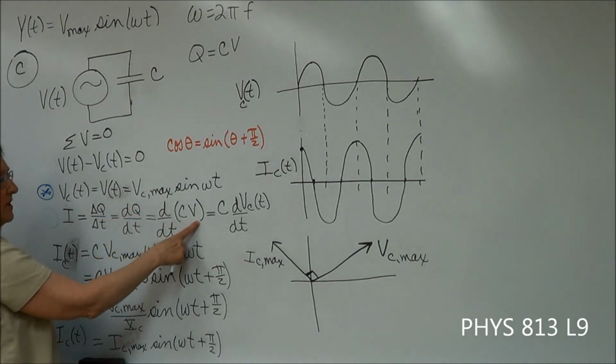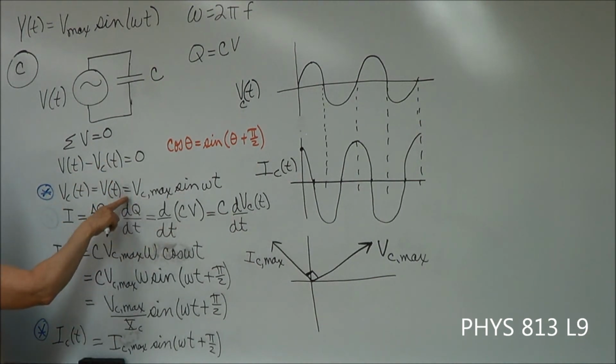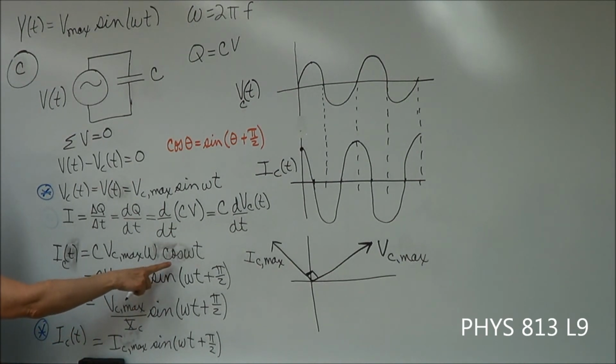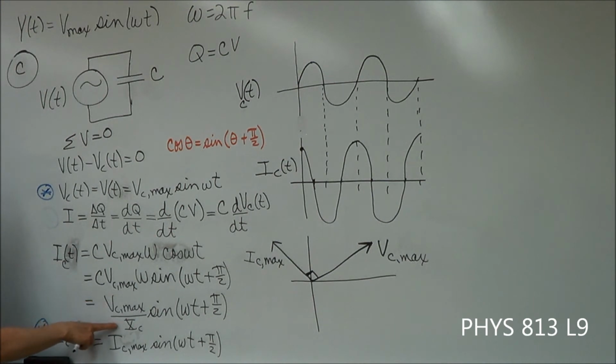Charge is C times V for a capacitor. So we put all of this information in, take the derivative, get it in terms of cosine, use an identity to get it back in terms of sine, and then we define a new quantity called the reactance in terms of omega and C, and then we have voltage over reactance as our current. So this matches nicely, or is analogous to, what we did with the resistor.